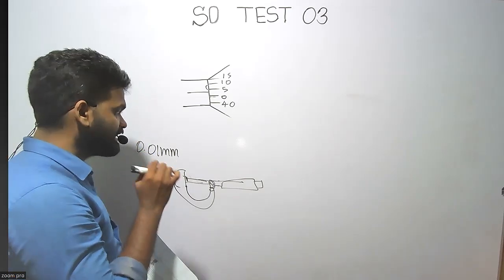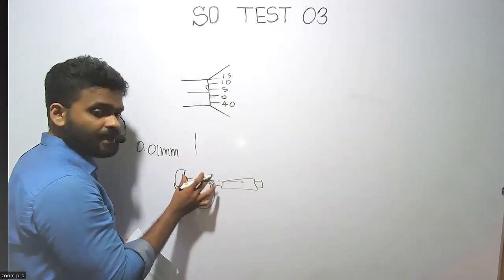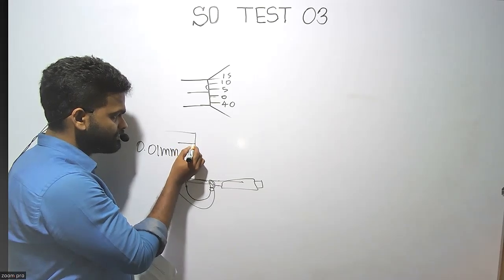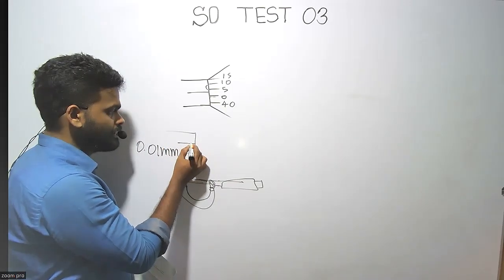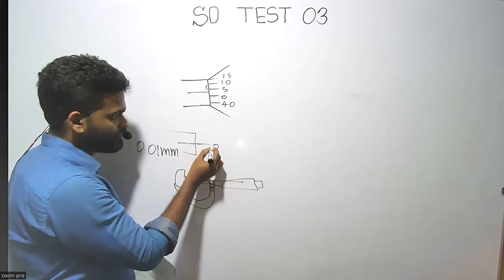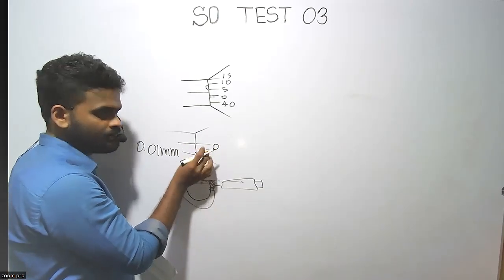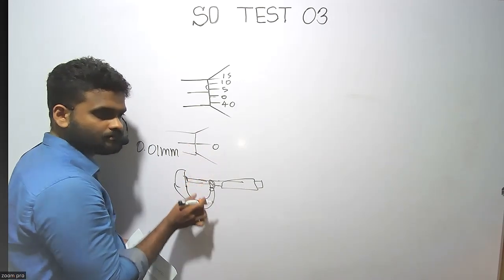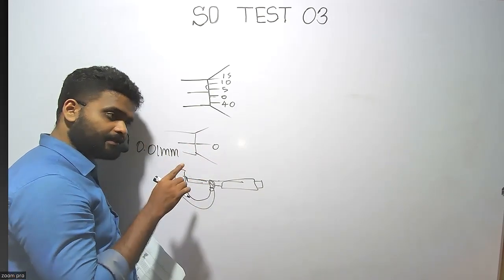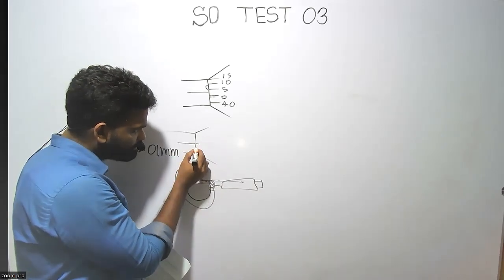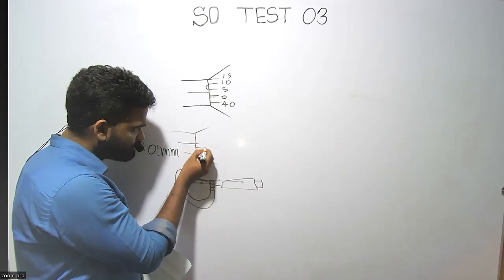So what should be the correct position of 0 as this happens? This is the linear scale. So the linear scale and the 0 mark of the circular scale should coincide as this happens. But if the apparatus has a 0 error, this doesn't happen. This 0 could shift either like this or like this.